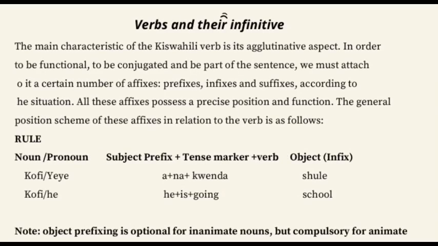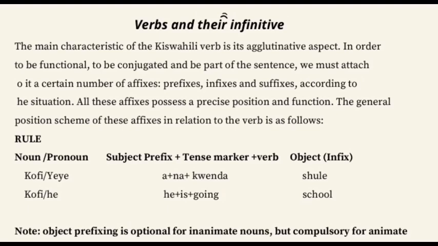Let's look at the verbs and their infinitives. All verbs are used with their infinitives. These infinitives are dropped only when you want to form sentences. The main characteristic of the Kiswahili verb is its agglutinative nature.